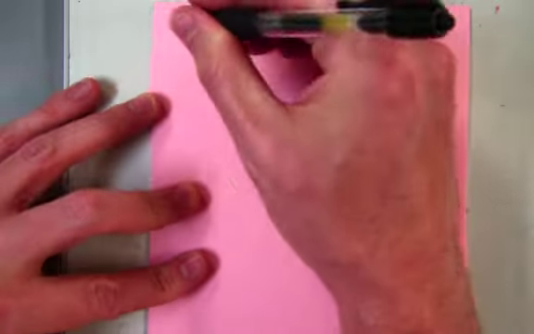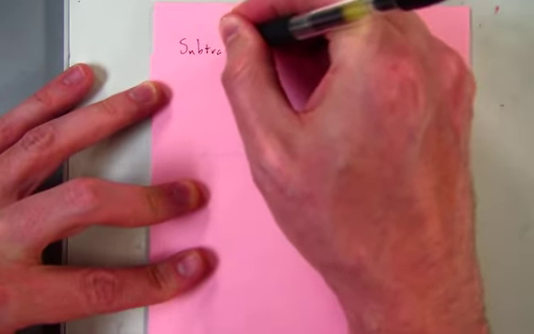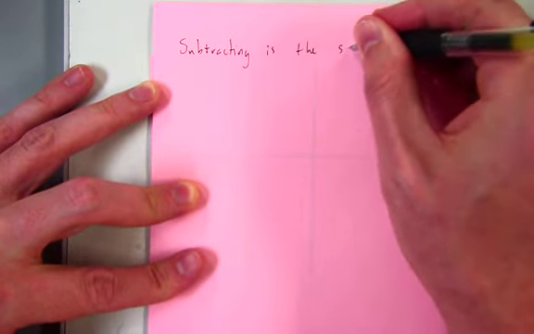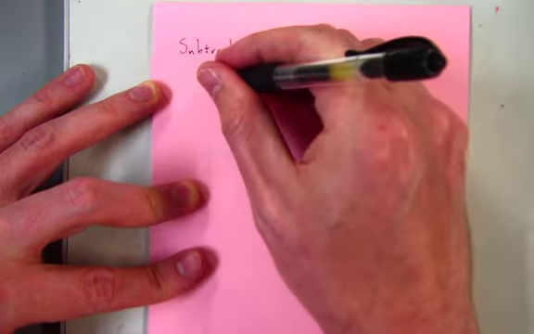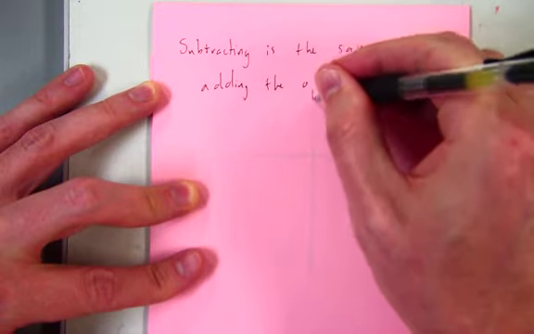Okay, so subtracting, one thing about it is it's really the same as adding the opposite of a number. And we've talked about opposites before.